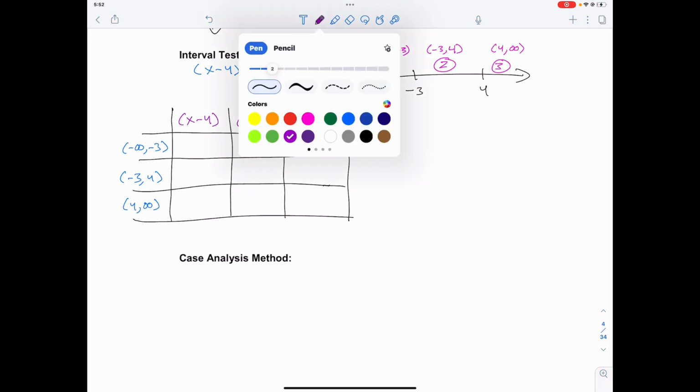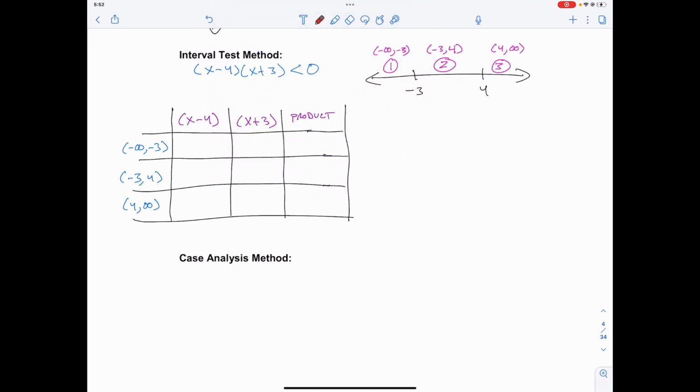So if I pick a number that is in between -infinity, so less than -3, then any number less than -3 is going to make this negative. It's going to make this negative. If I pick a number between -3 and 4, so say 0, then this is still going to be negative, but 0 + 3 is going to be positive.